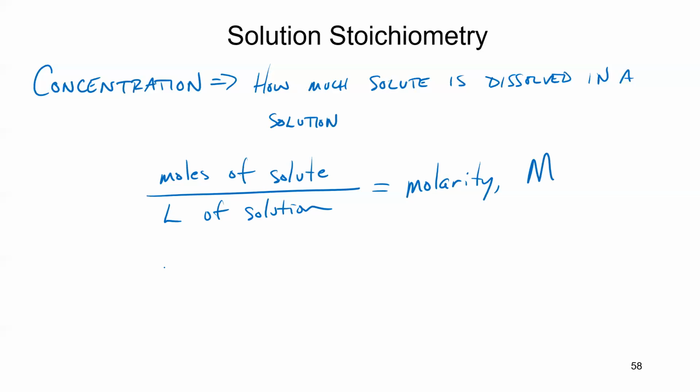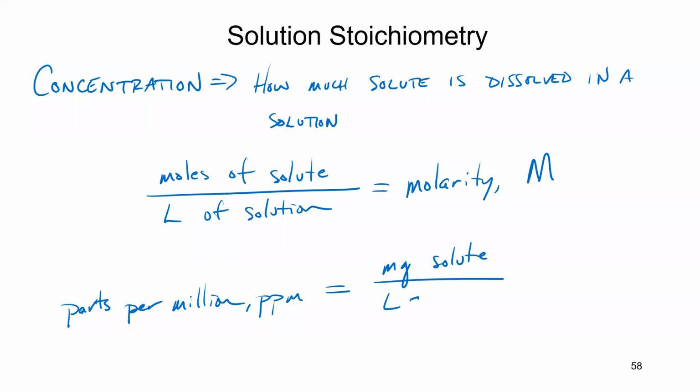Michael, since you mentioned grams, one of the units that's used a lot, especially in environmental chemistry or food chemistry, is parts per million, and we may see that this semester, so it's good to show you. Just abbreviated ppm, and that's milligrams of solute per liter of solution.